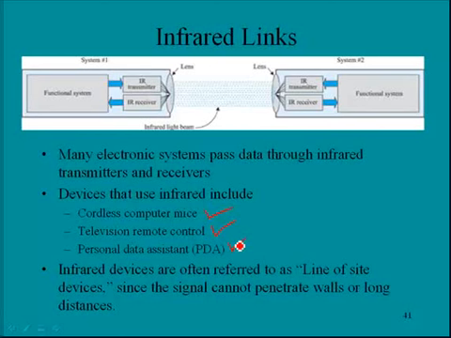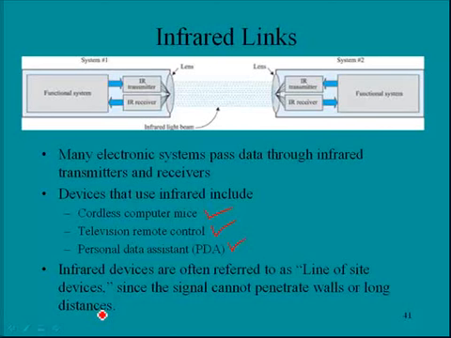Now, infrared devices, one of the things that identifies them is that they're often referred to as, notice this, line of sight devices, since the signal cannot penetrate walls or long distances. If you've noticed, for example, if you're using a remote for a TV, if someone gets in front of you and you click it, you simply won't get a response.